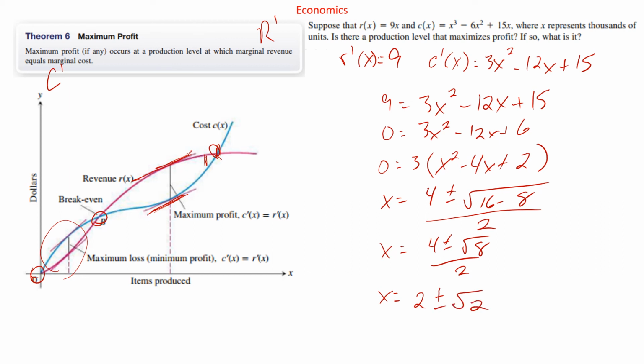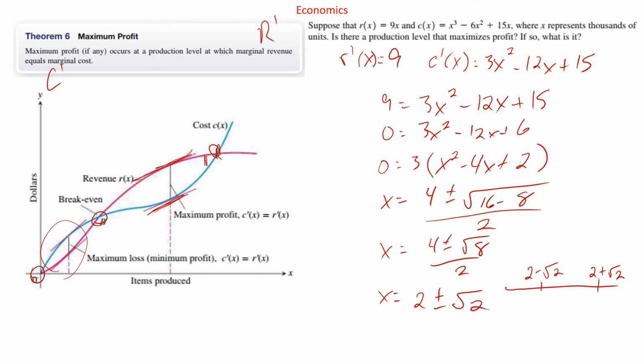So we can make a sign chart. We'll have 2 minus root 2 and 2 plus root 2. Now, if one of these went negative, that would be problematic.